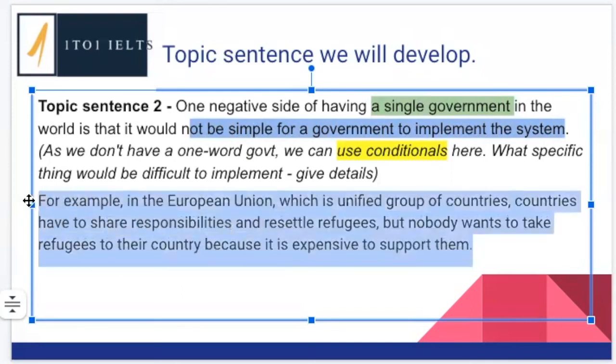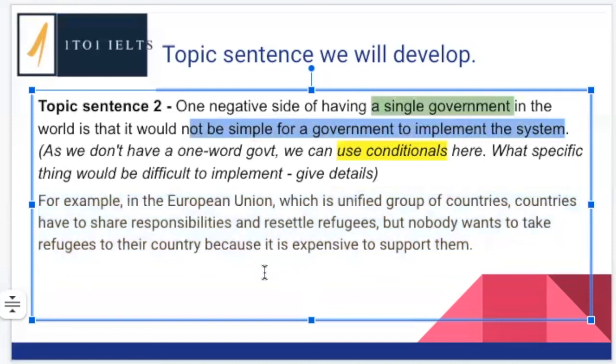Okay, so what do we think here? Is this addressing this issue? We've got a single government. It's difficult to implement the system. Yep. So definitely, this works.